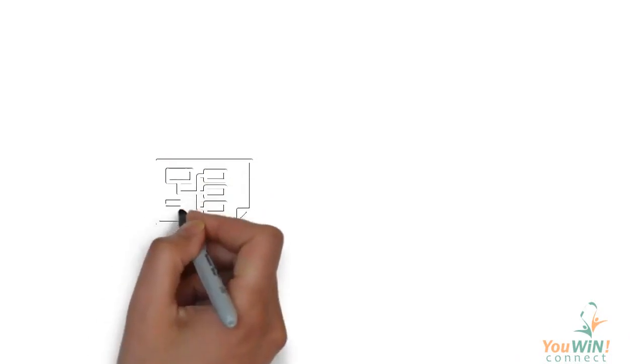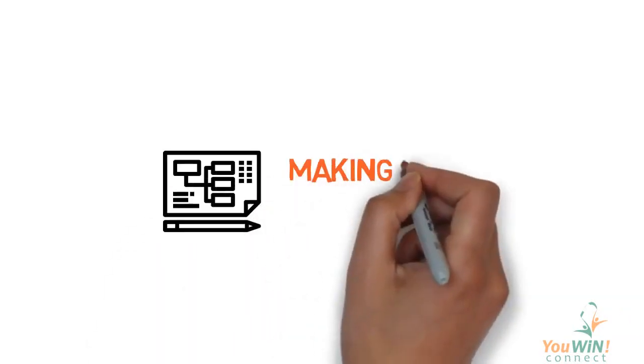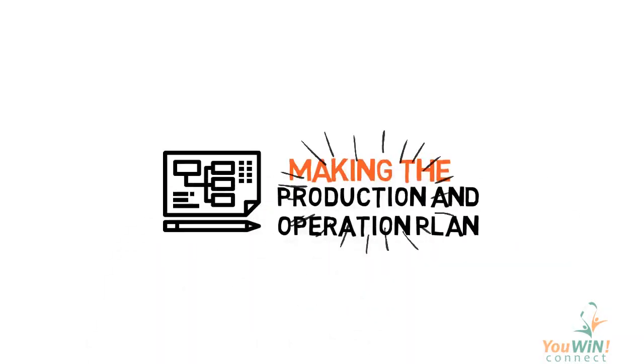So now let's look at the portion of making the production and operation plan. In a business plan, after you have set your objectives, there has to be a link between your production plan and your marketing plan.